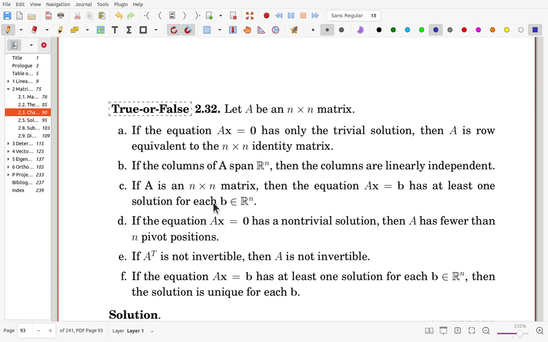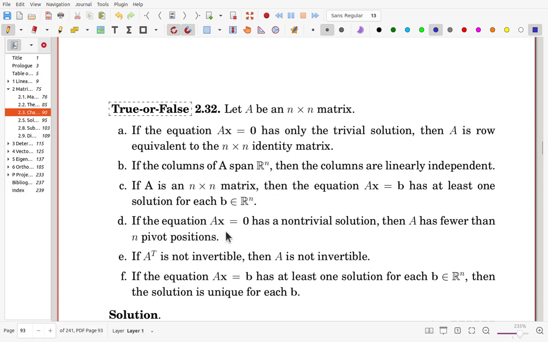It's not. That statement is just about the size of a matrix, and this condition may not be satisfied. You already solved examples where an n by n matrix has no solution. So this statement is false.